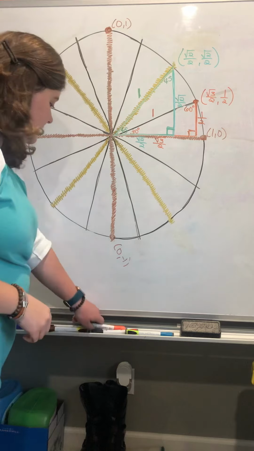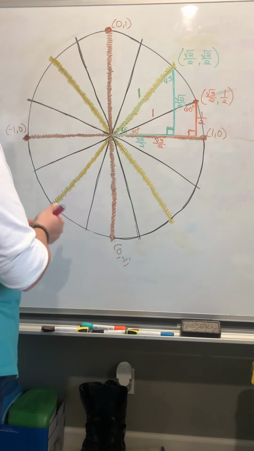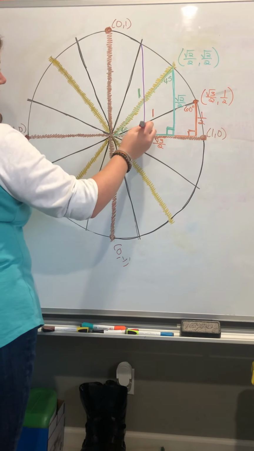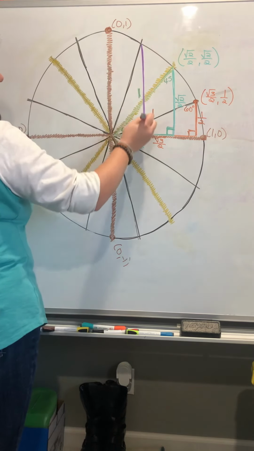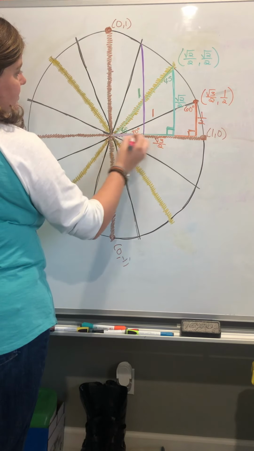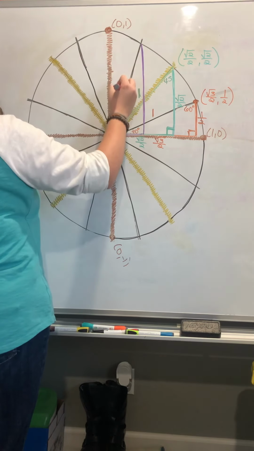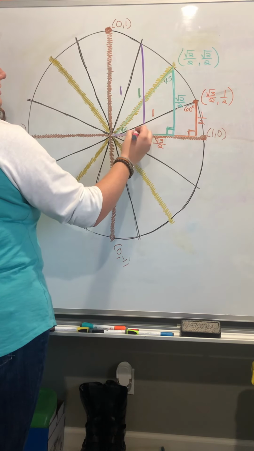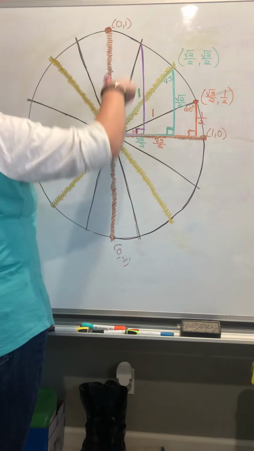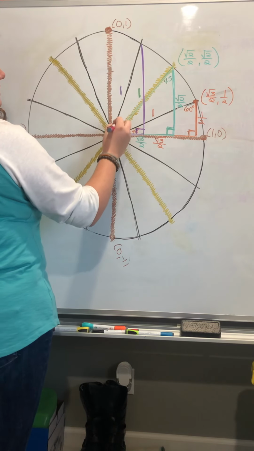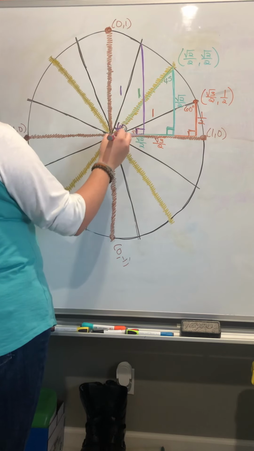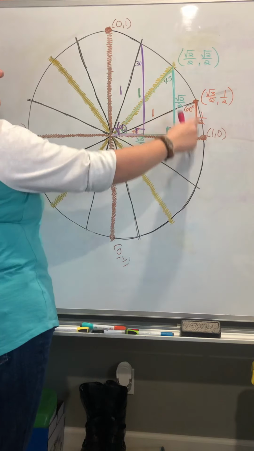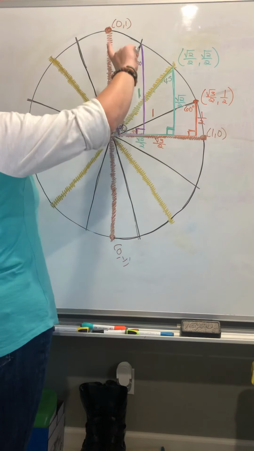All right, then the last one, let's find a color that's going to stand out. With the last one, this triangle goes all the way up to this point and comes over. It also has a hypotenuse of 1. Here's the 90-degree angle in this triangle. This angle on the unit circle was 60, so down here this part is 60, and this little angle up here is 30. So we have the same triangle, this orange one from earlier, just flipped over.